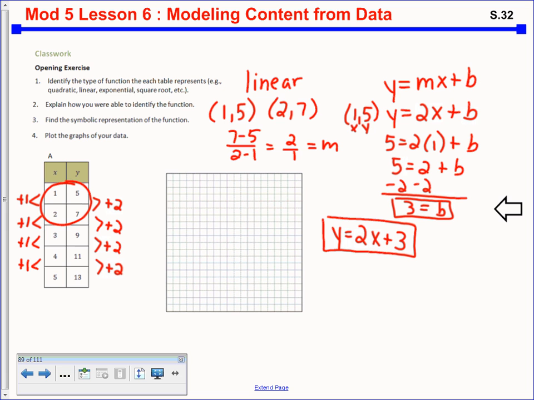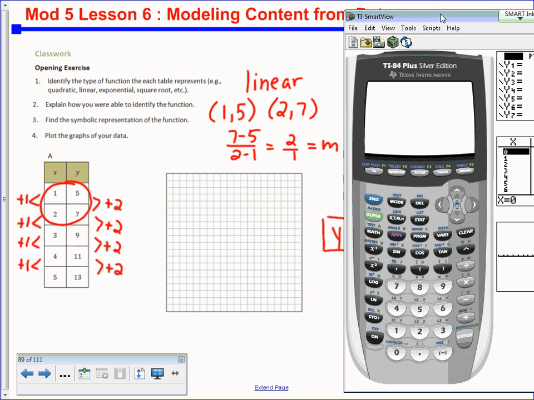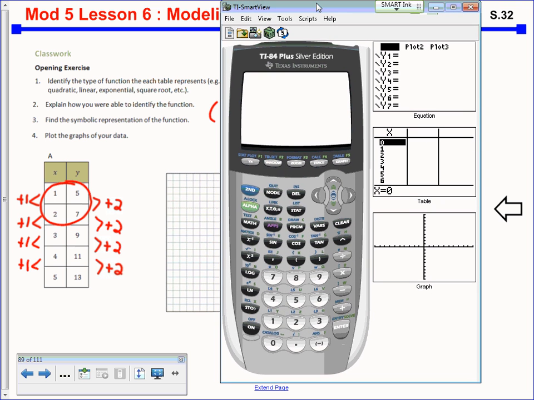Now there's another nice way of doing this. I'm going to show you, it's kind of a shortcut, but it's not really a shortcut. We're going to take out our calculators, and I have two pieces of information here. I have my x values, which I'm going to call L1, and I have my y values that I'm going to call list number 2.